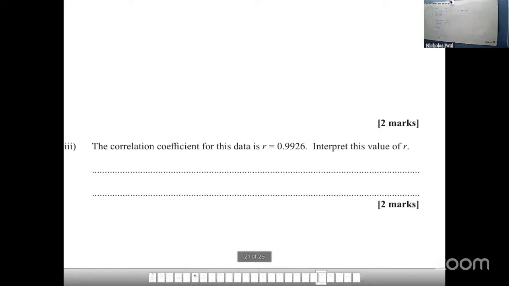So let us pick on somebody who didn't answer yet. Let's see if we can get three responses in one class. Ravisha, how will you interpret that R value? 0.9926. What would you say? If you get that right, we'll call it off for the rest of the month. You don't have to respond again for the rest of the month if you get that right.